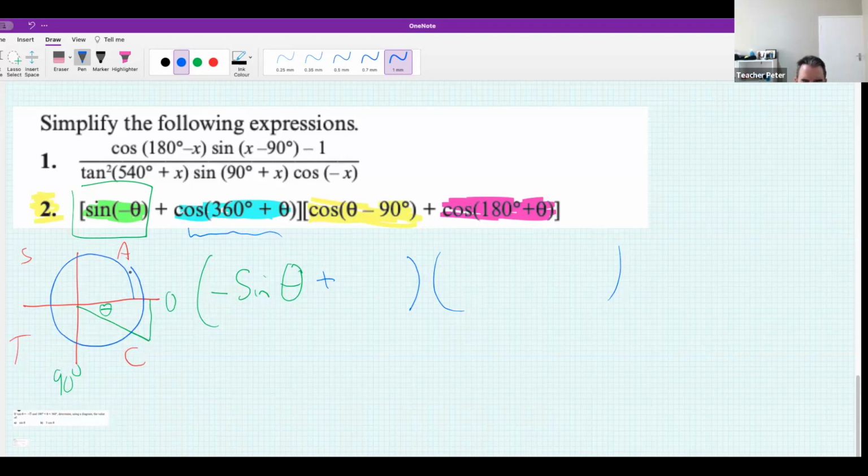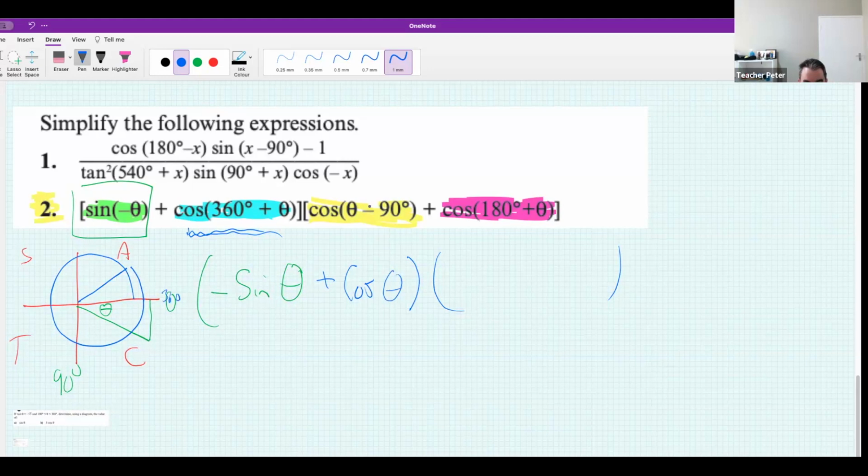So it's in quadrant number 1. What is that going to simplify this thing to? Remember, there's a horizontal at 360. So this one is going to break down to positive, because everything is positive in this quadrant, plus cos theta.